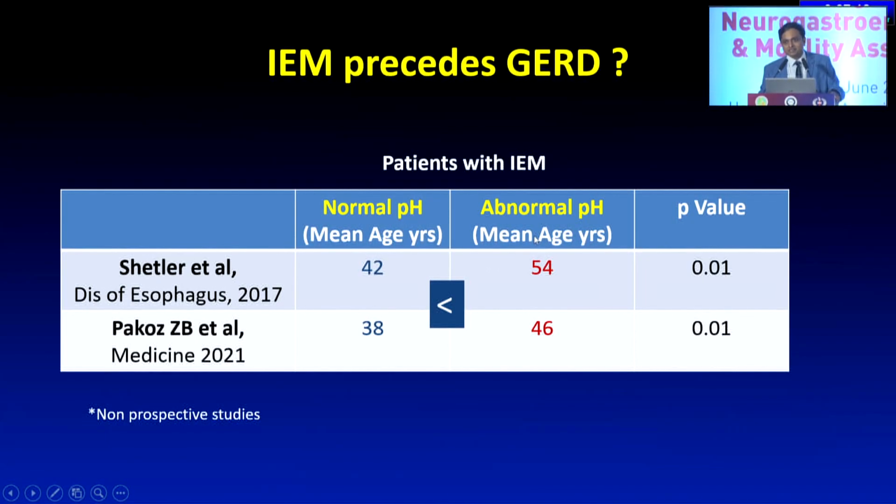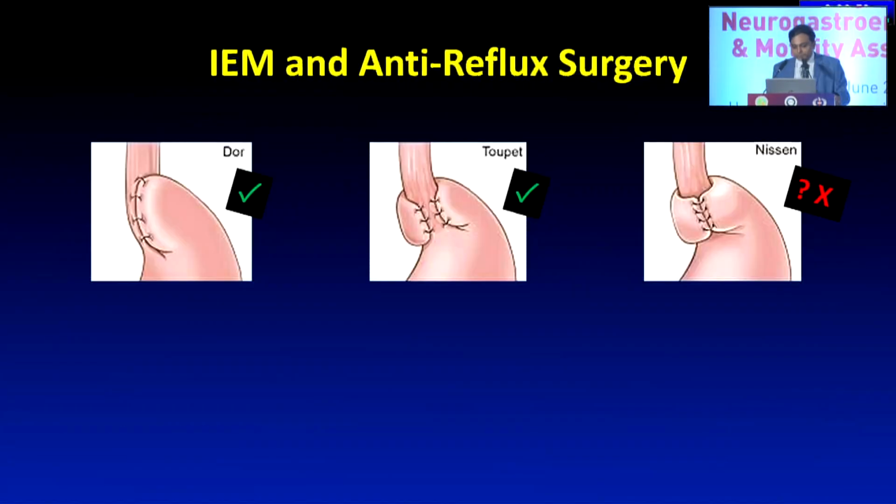So, these studies have come to a conclusion that it is probably the ineffective esophageal motility coming first and eventually GERD coming on later. But mind you, these are non-prospective studies, so we are still not very clear on that.